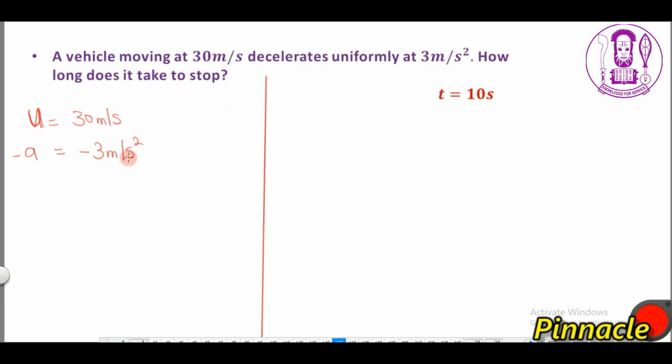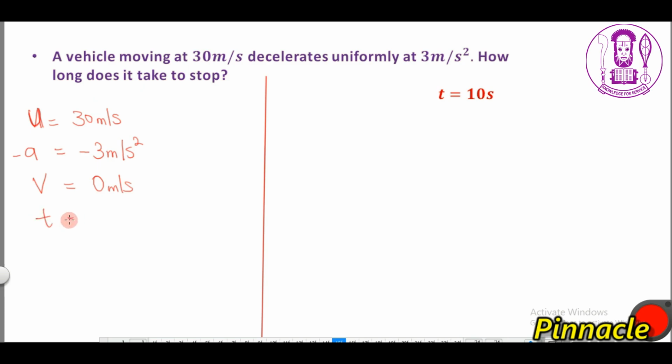At the point the vehicle stops, our velocity will be equal to 0 meters per second. So at the point where the vehicle stops, our final velocity will be 0 meters per second. The question is, how long does it take?